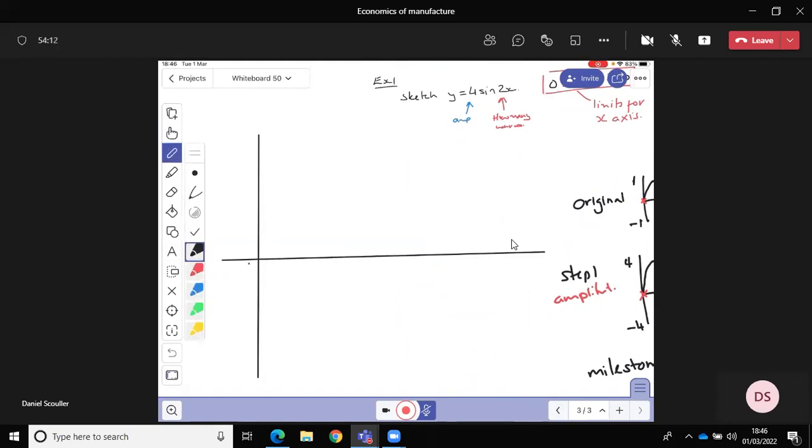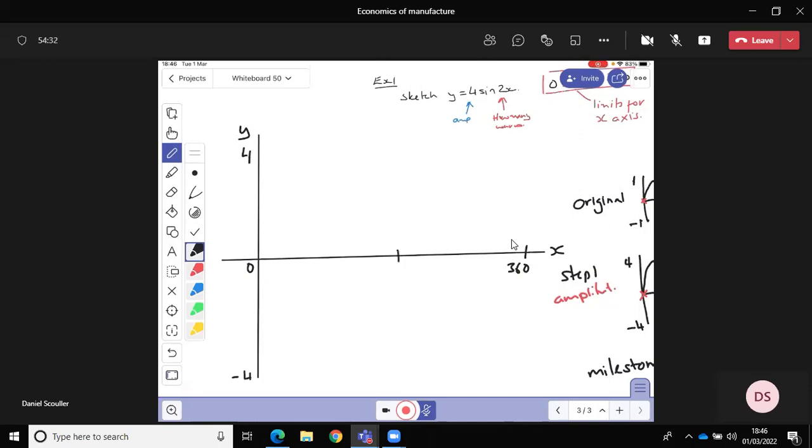So it's between 0 and 360. That's your x-axis, that's your y-axis. The amplitude we've got is 4, -4. Then let's find our milestones.